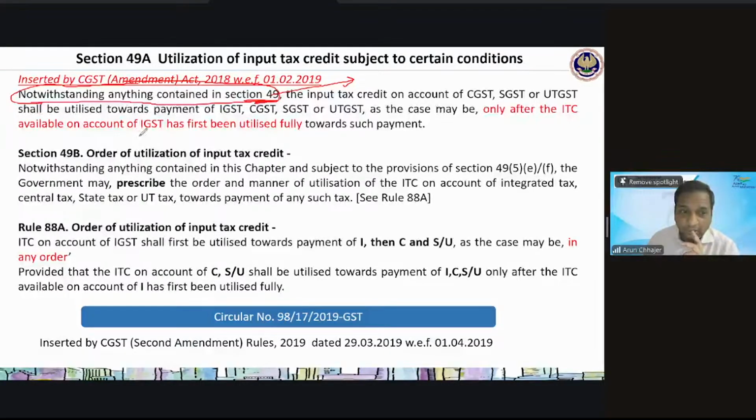So I can say that the provision of 49A will override 49. In simple words, I can say 49 is to be ignored and the provision of 49A used. Am I right?